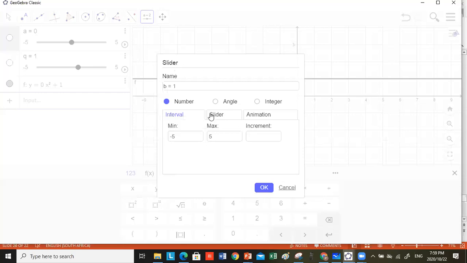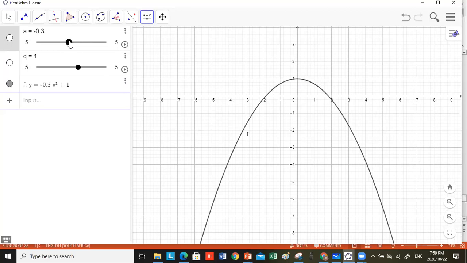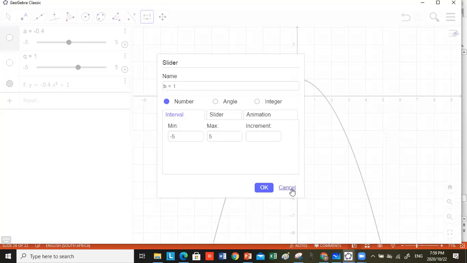You see, if a is equal to 0, the function is just horizontal. But if I go extreme left, my function bends and faces down, which the learners must also know.